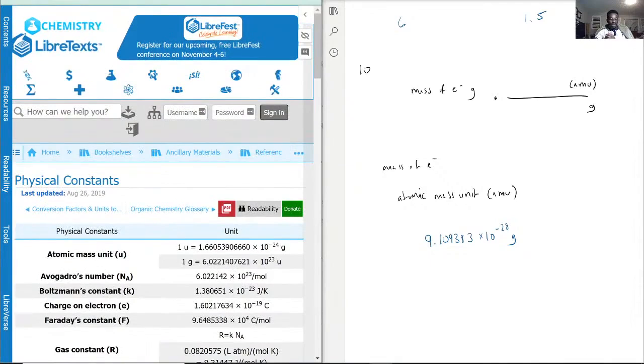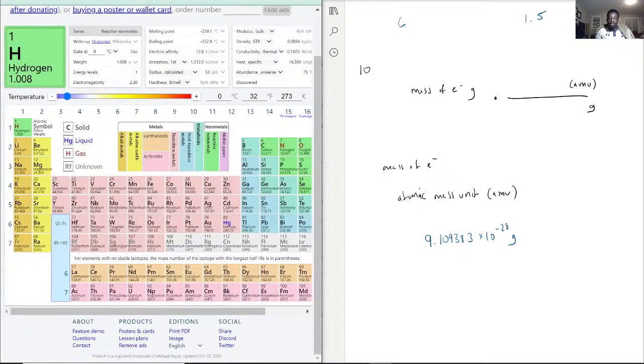Now what is an atomic mass unit? What does this mean? Funny enough, you know how people always refer to carbon. If you look at the periodic table and try to get the value of 1 unit of an element, you're probably thinking hydrogen would be the best bet because it has 1 proton, 1 neutron, 1 electron.